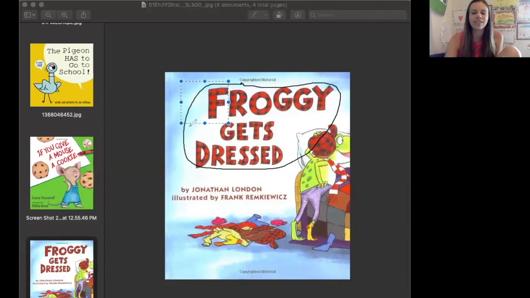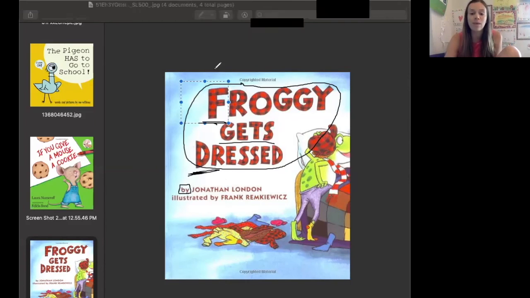You can use the letter sounds to help you. The first sound of the first word in Froggy Gets Dressed should be f, f, f. Froggy gets dressed. That's it. All right, let's read down here. This is a sight word. What word is that? By. B-Y spells by.